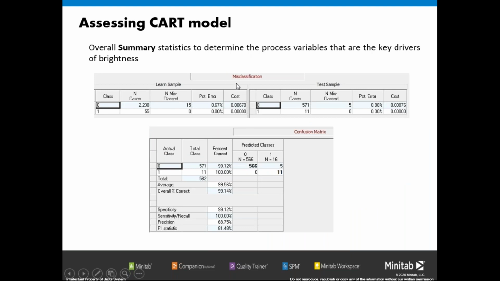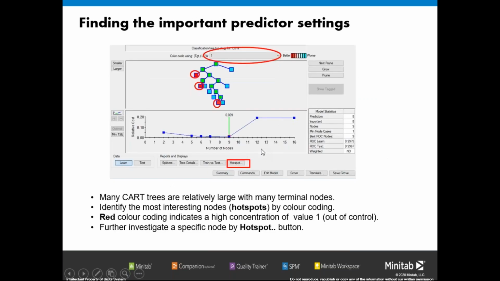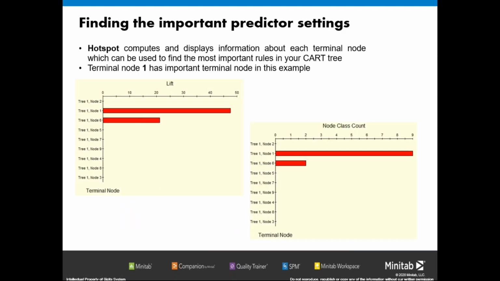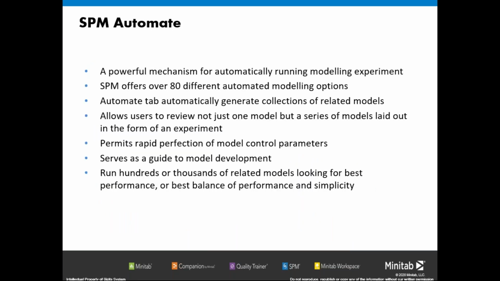Maybe you want to proceed with the misclassification, or with the confusion matrices. After that, you want to know about the variable importance, and then the parameters inside the variable importance. From the hotspot, you can view this one, and then you can go for the SPM automation.